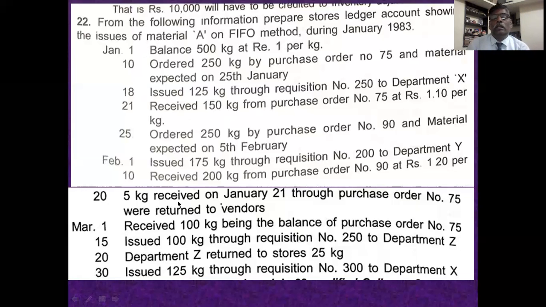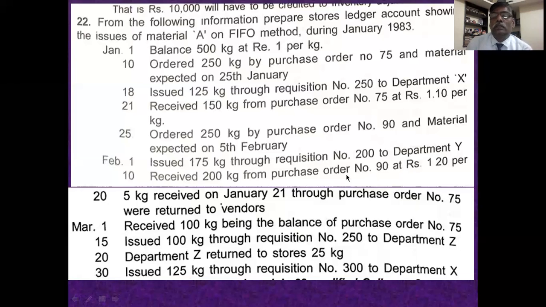And come to February. February 1st, issued 175 kg. Therefore, you record in the issue column by writing the number. Then next, again receipt is there, 200 kg.